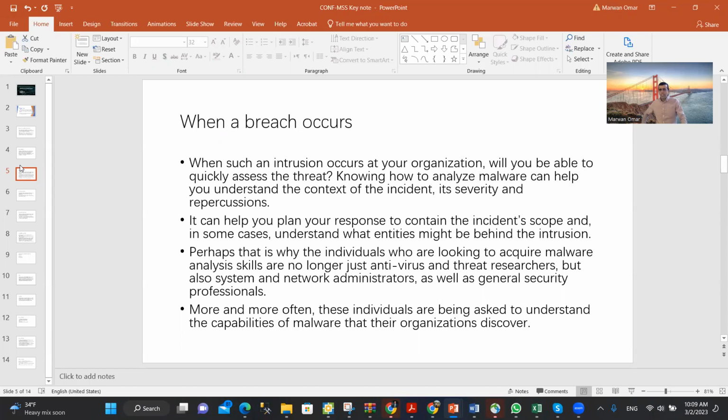How severe is the data breach? How severe is the cyber attack? Has it only impacted a workstation? Has it impacted or compromised maybe a database server? Do we know if the incident only targeted one piece of the network, one segment? Is it a production environment? Is it the marketing department that has been targeted? Is it the finance department? Is it the CEO of the company, for example? So these are questions that you might be able to answer by analyzing malware.